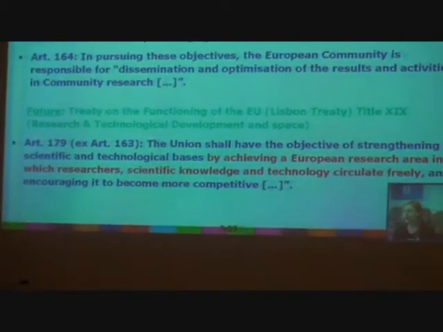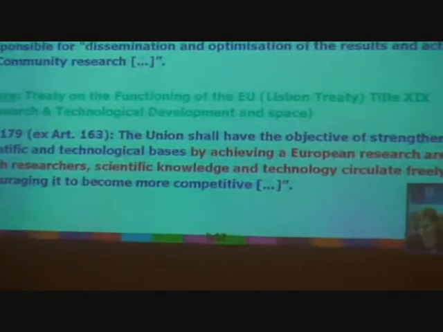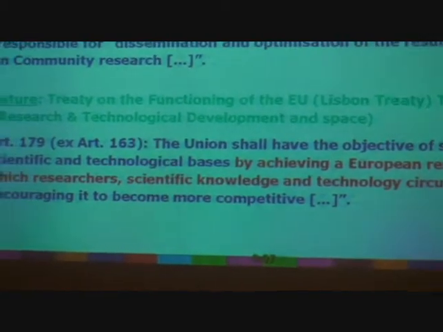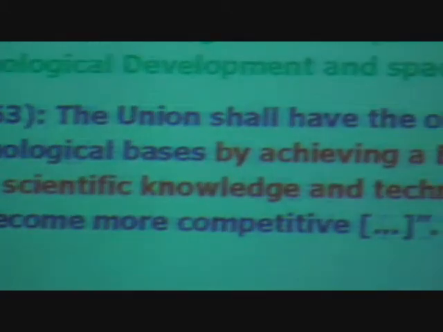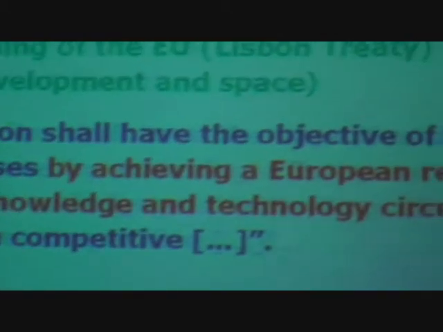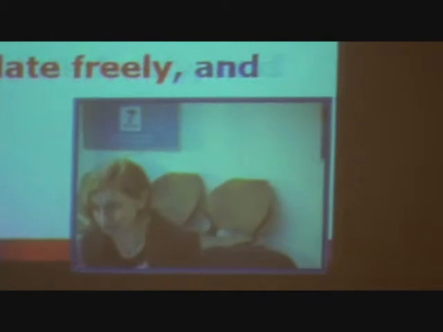So there is really a legal foundation for these activities in terms of access and dissemination. Now, if we look at the future treaty on the functioning of the European Union, the Lisbon Treaty, there's an evolution. And this evolution consists in the fact that we are talking in the treaty about the European research area. So the new article reads as follows.